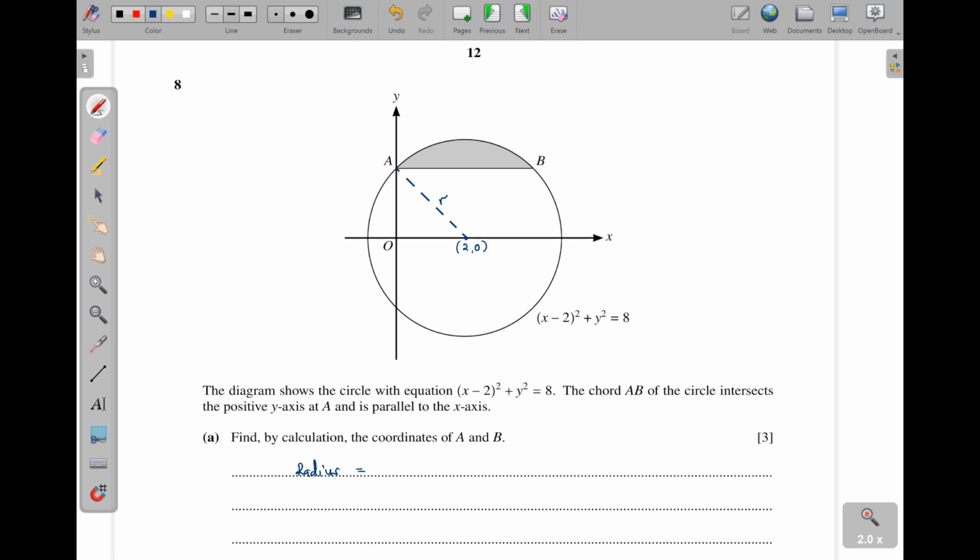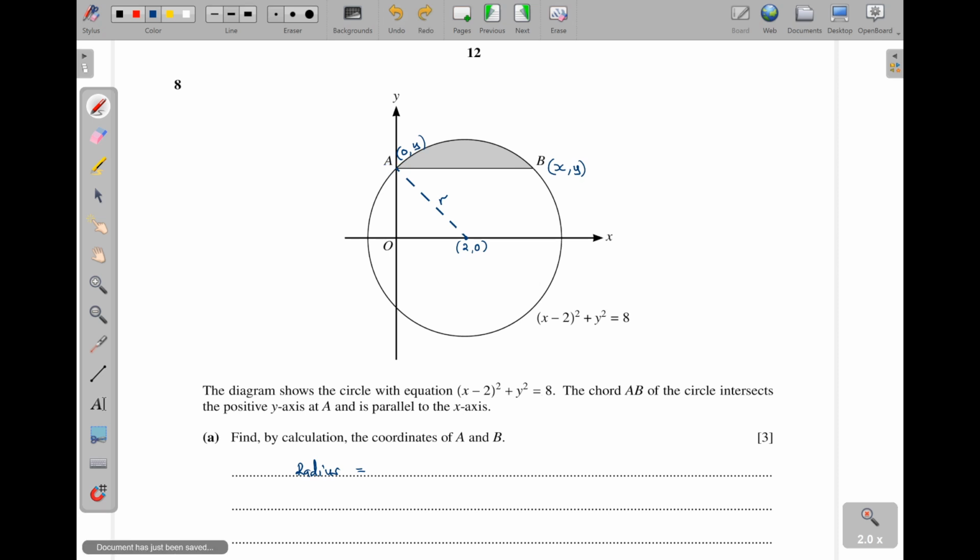A here, the x coordinate is 0 because on the y-axis x is 0, but the y coordinate we don't know. And B here has an x coordinate which we don't know, and the same y coordinate as A.